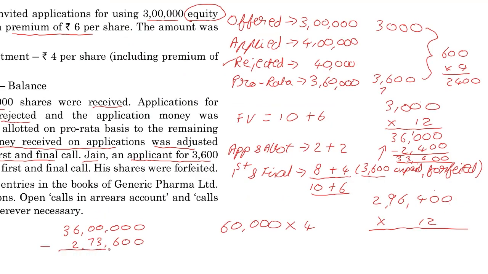Do the math yourself and check to make sure. After subtracting, you're going to end up with 33 lakh 26,400. 0, 0, 10, 4. 9 minus 3 is 6. 9 minus 7 is 2. 34 lakh 26,400.